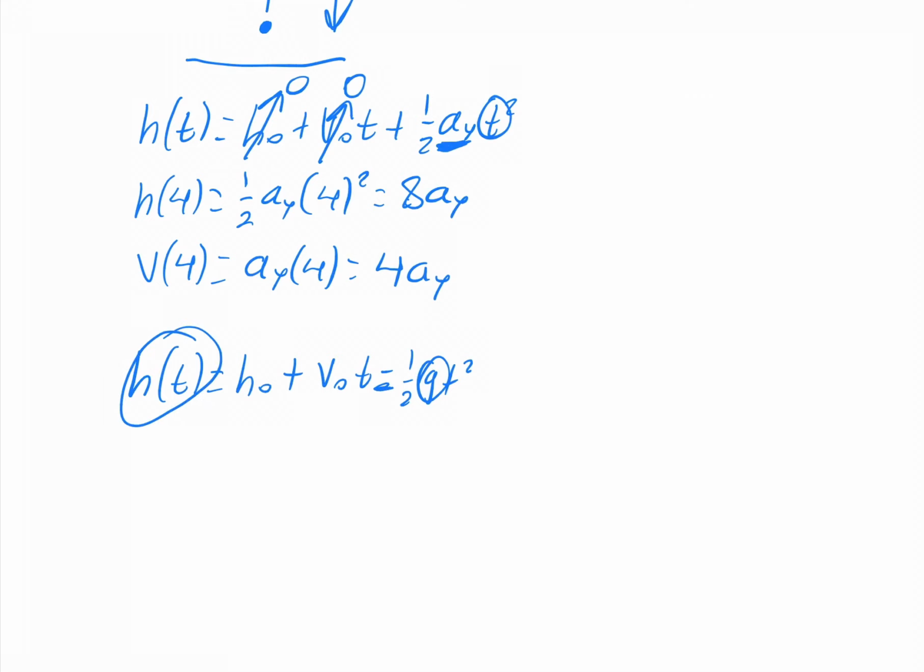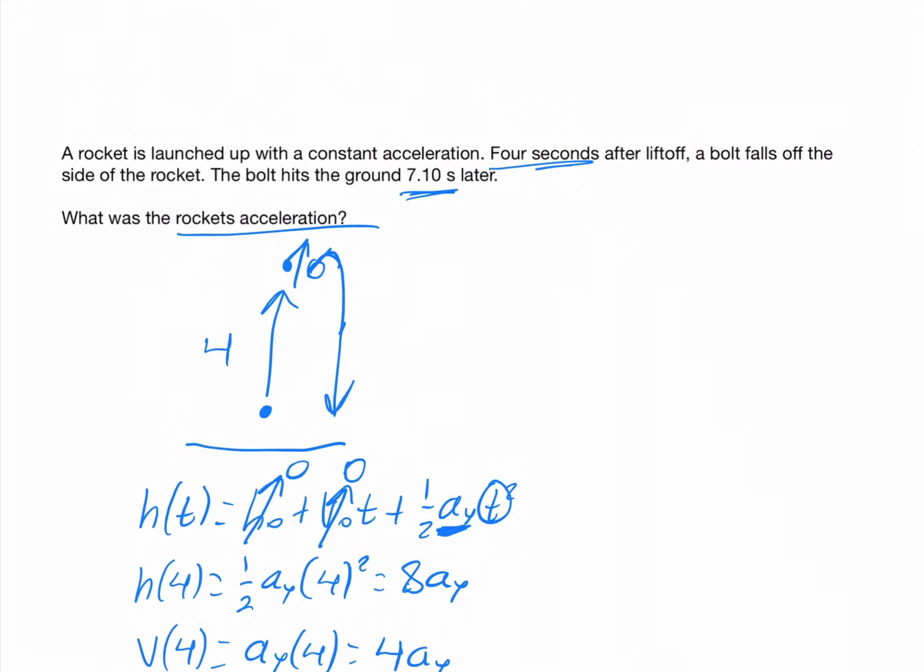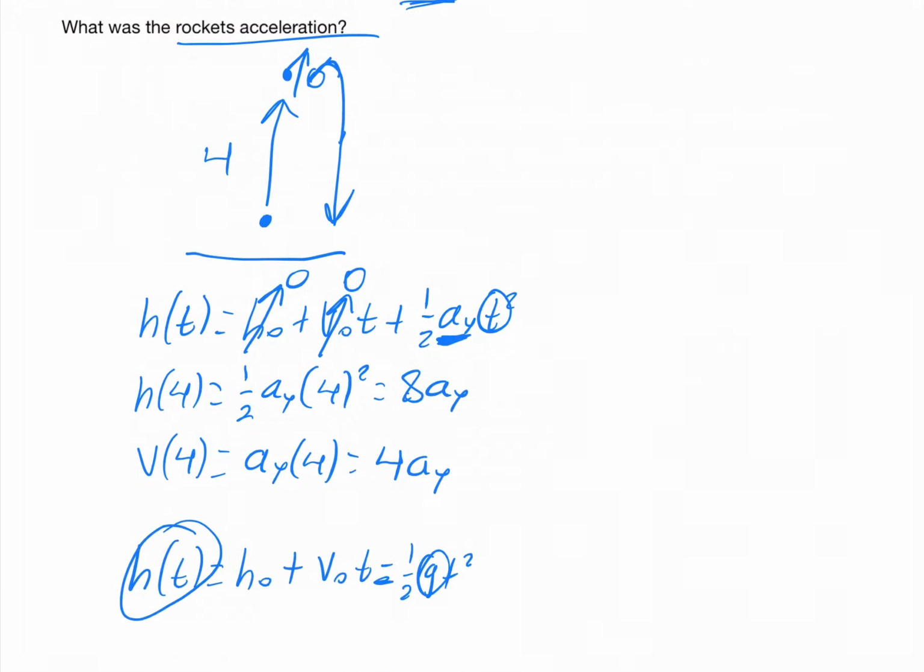After some time, in this case 7.1 seconds, our height is 0 because that's where the bolt is. So 0 is equal to, what's the initial height? That's just 8 ay, the initial height of the bolt when the rocket has been accelerating for 4 seconds. What about the initial velocity?